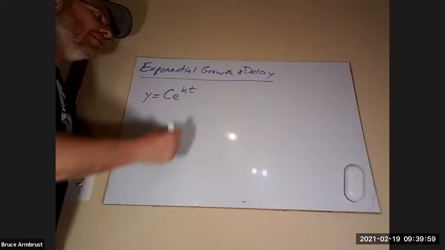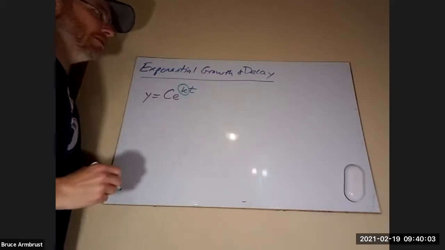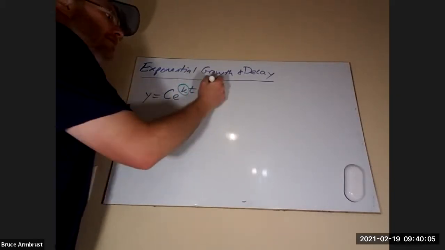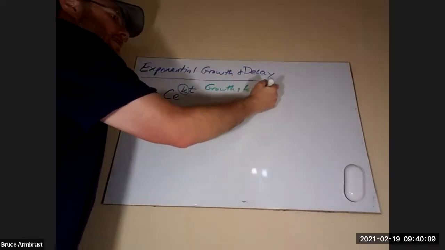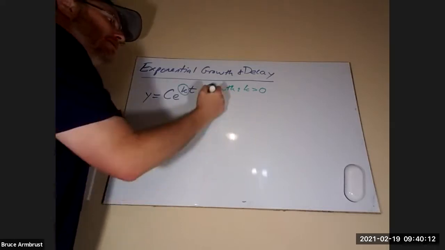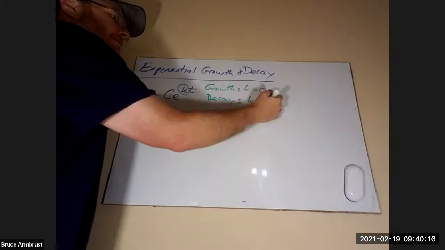The K value? Yeah, it's all about the K. So this guy is what will determine if it's growth or decay. It's growth when K is greater than 0, and it's decay when K is less than 0.